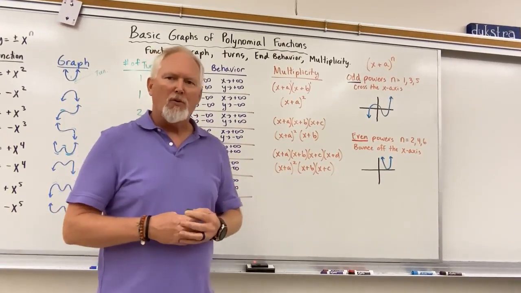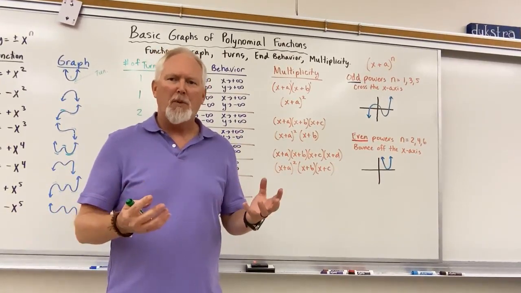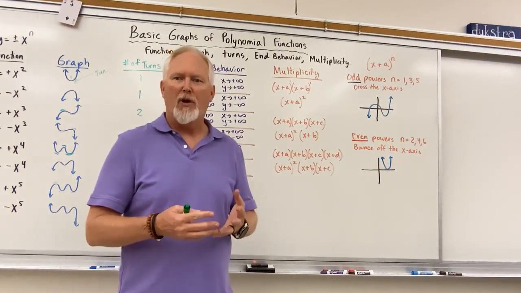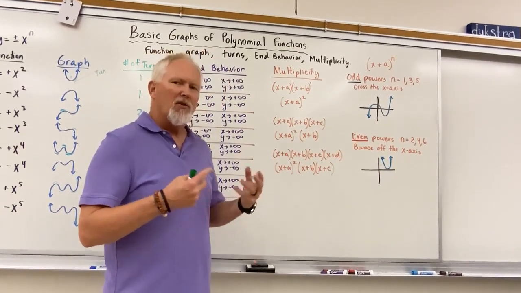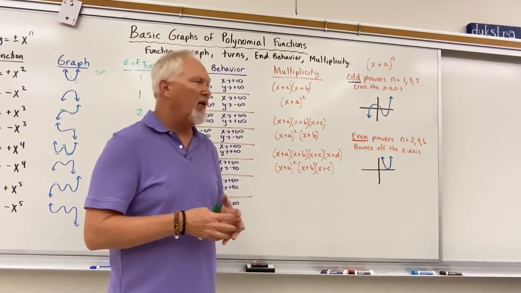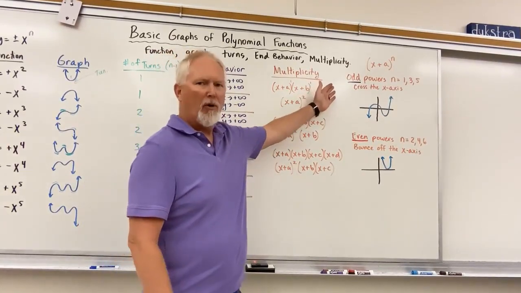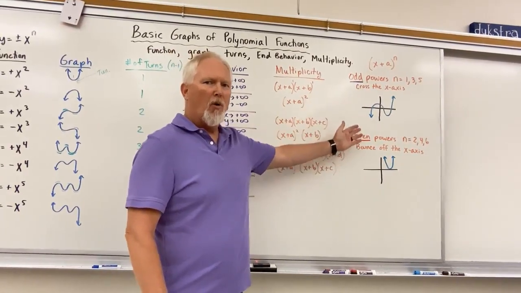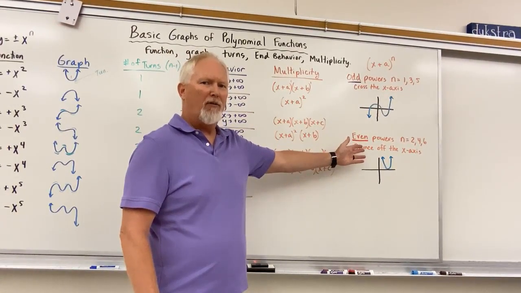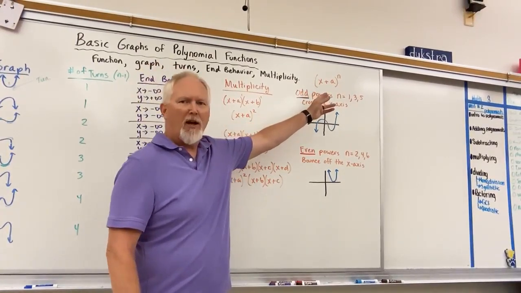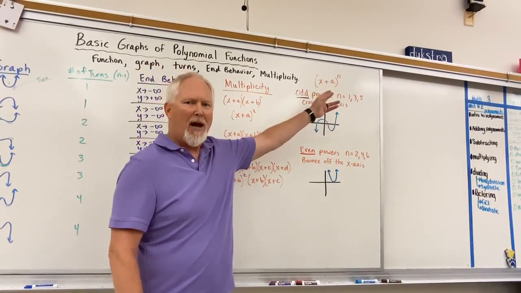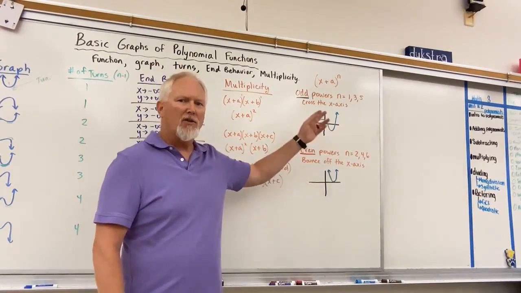So many times we'll teach people how to graph by the zeros or the x-intercepts. And so then it's interesting to see what the graph does if we have an odd power of the factor or an even power of the factor. So we look at the factor as an x plus a or an x minus a to the nth power. And then what is it doing?